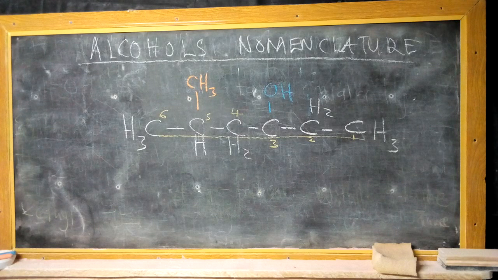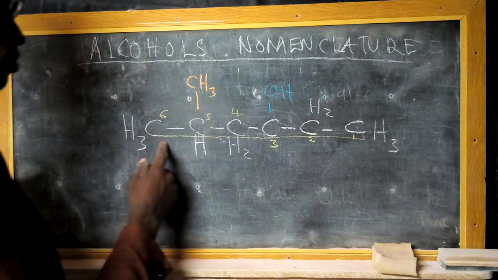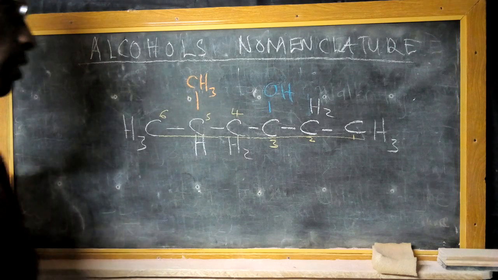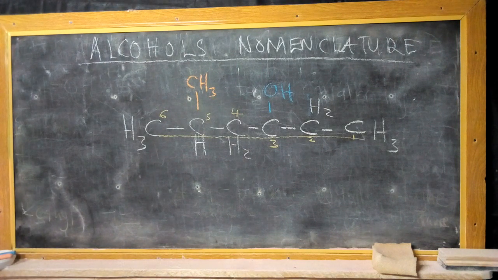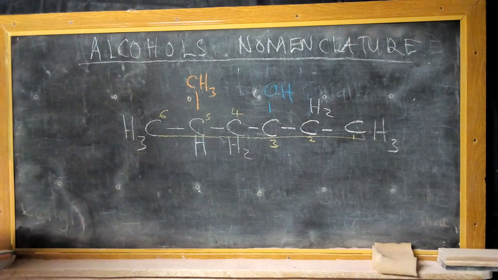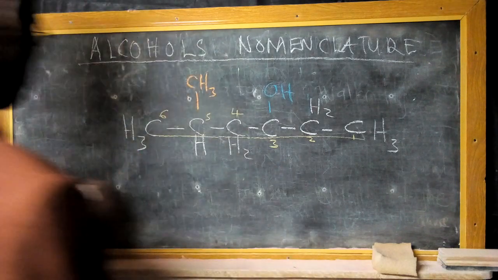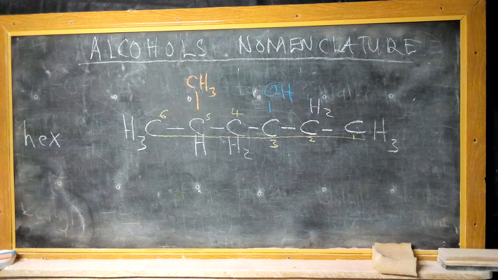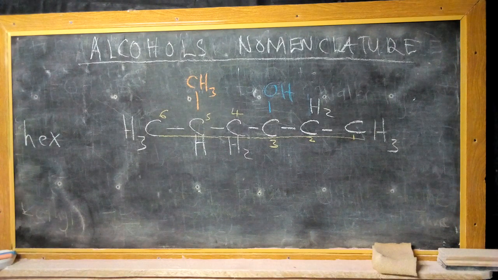So in our naming, we identify and say that this is 1, 2, 3, 4, 5, 6, six carbon atoms. So we shall give it the name hex, representing 6. So hexane comes from the six-member alkane group, and that will form our parent name.